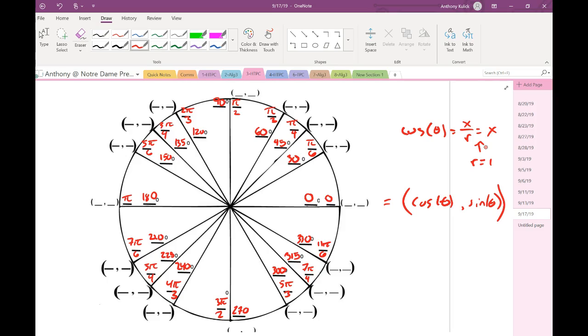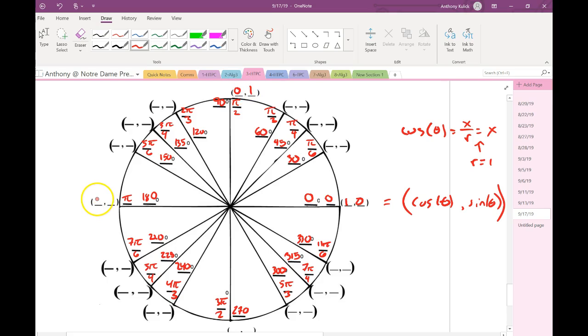Okay. So if I look at 0, what is the location of this point? It's 1, 0. Did I actually compute sine or cosine to determine that? No, I just looked at where it lay on the xy axis. Let's skip over here to 90 degrees. What is this coordinate? 0, 1.